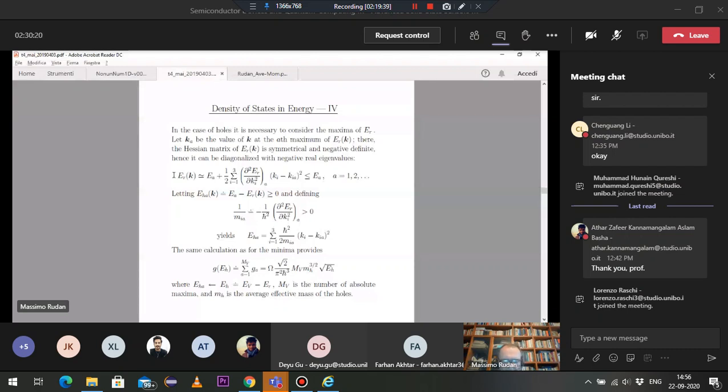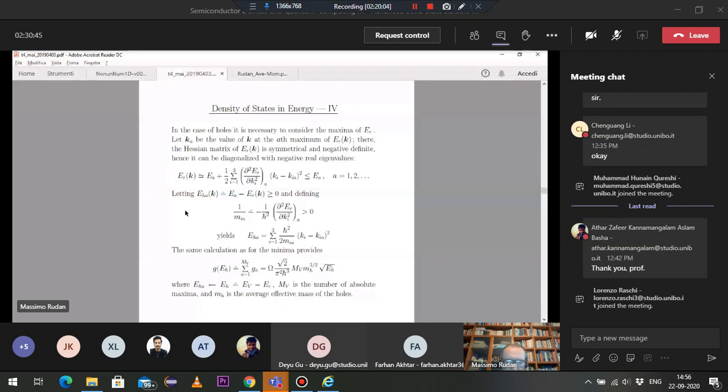And this is obvious because in this case, E sub A is the maximum. So when we move away from the maximum, we go down, okay? So the second order term of the expansion is negative because the second derivatives are negative in the maximum, okay?